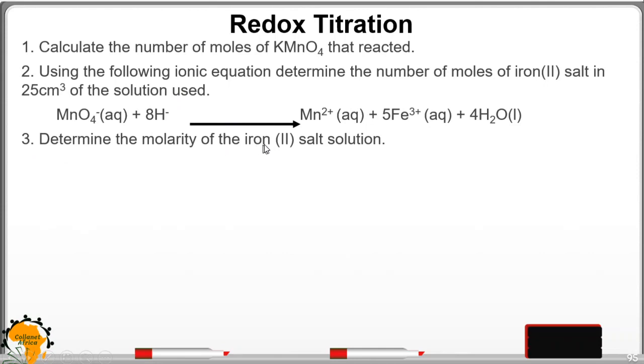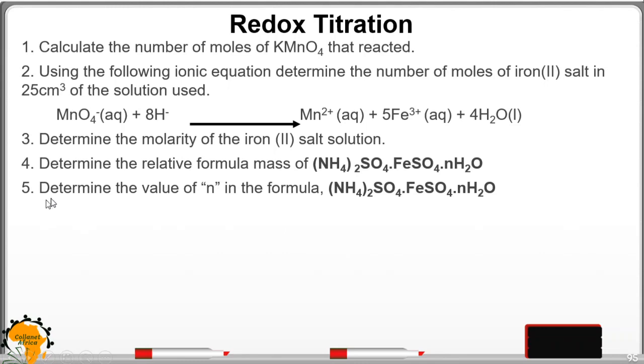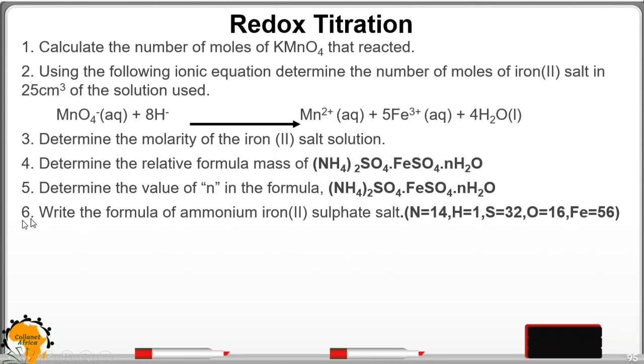Determine the molarity of iron(II) salt solution. 4. Determine the relative formula mass of this salt. 5. Determine the value of n in the formula. 6. Write the formula of ammonium iron(II) sulfate salt. And here is the solution.